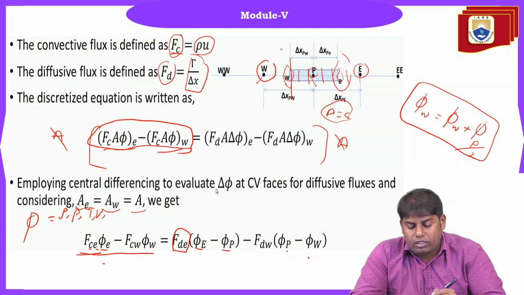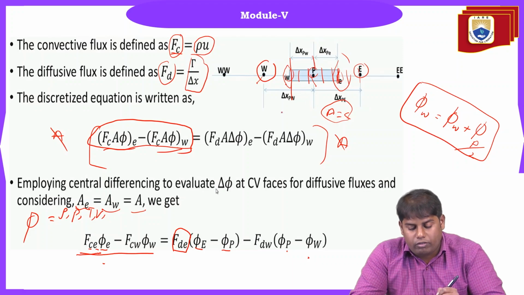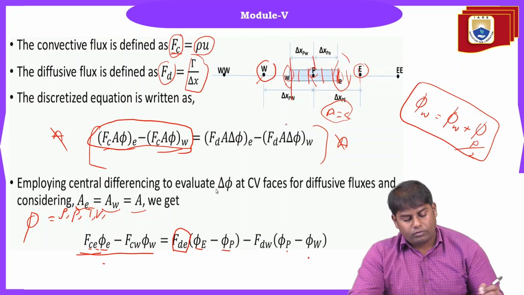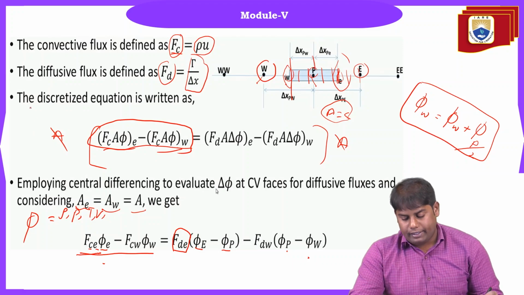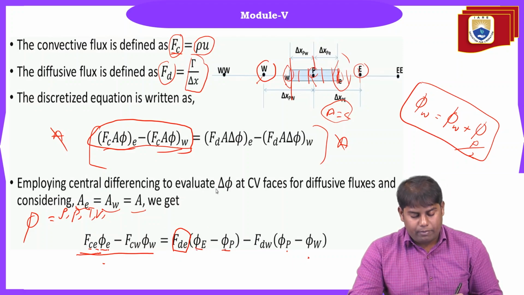Next, to get the value at the east face, we take this value and this value, divided by 2. So by doing this, we will get small e and small w. Why? Because on the right hand side you can see we already have capital phi E and capital P.